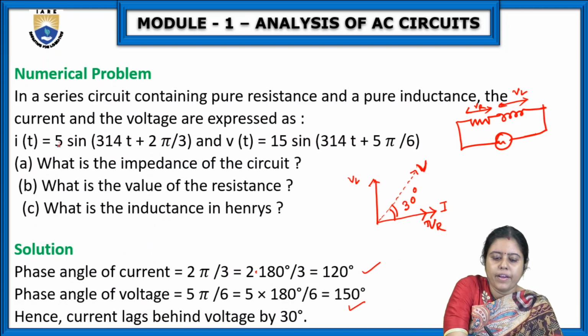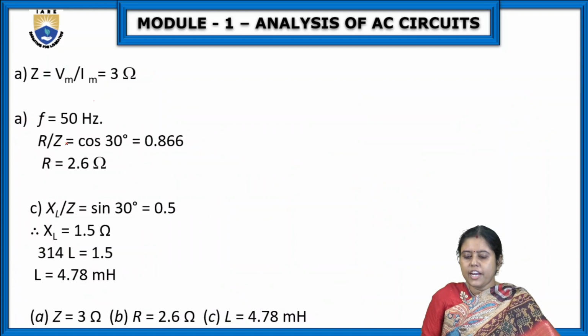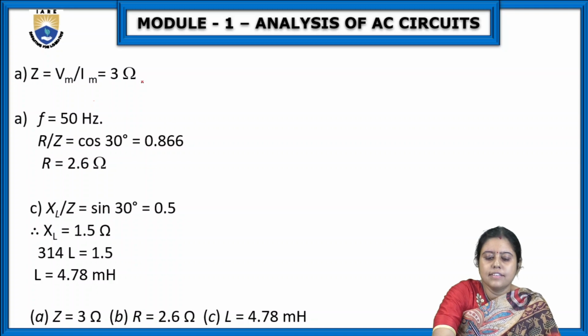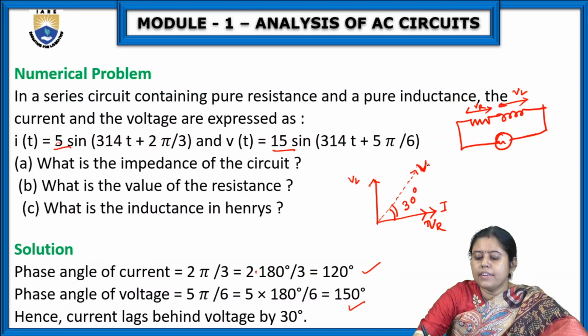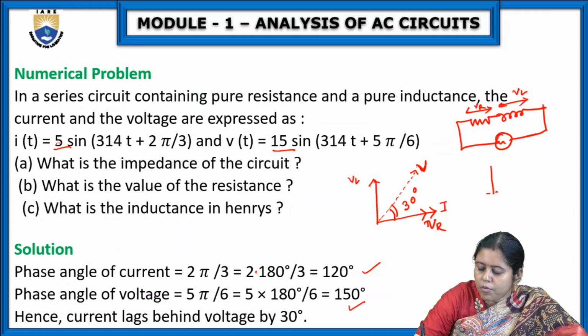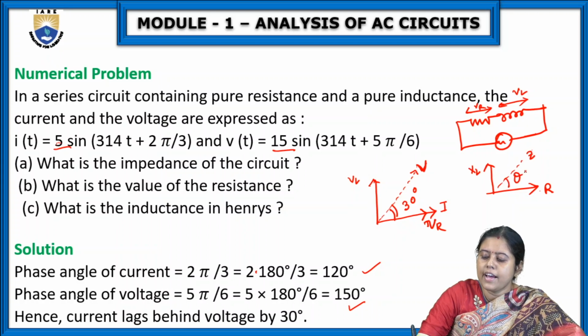V max is given as 15, I max is 5. So the value we are getting is 3 ohm. Now if we draw the circuit, this is our R, this is our XL, and this is our Z, and this is the theta angle.